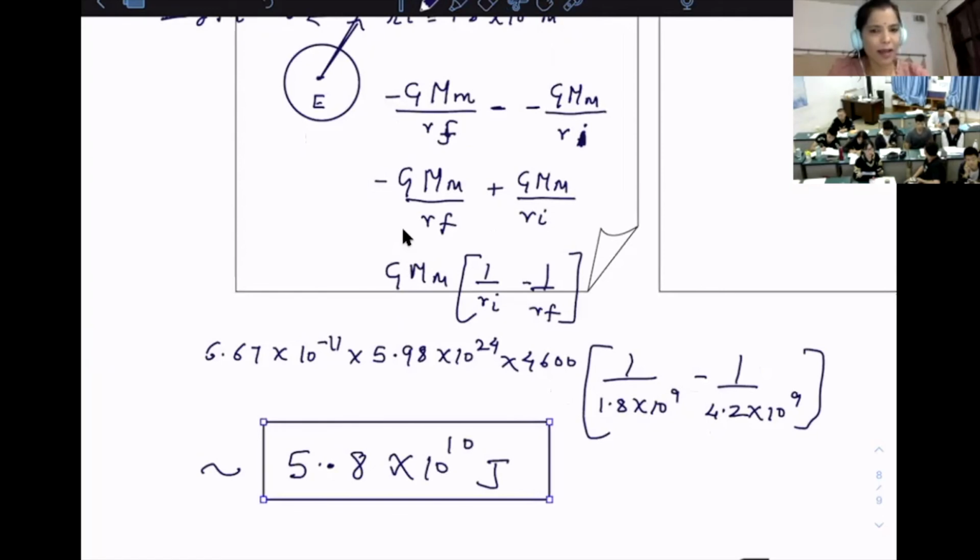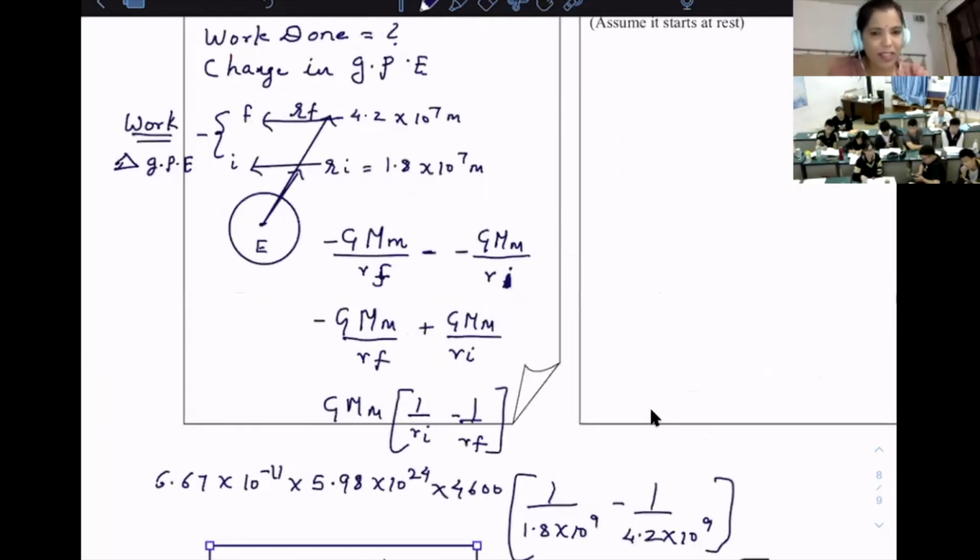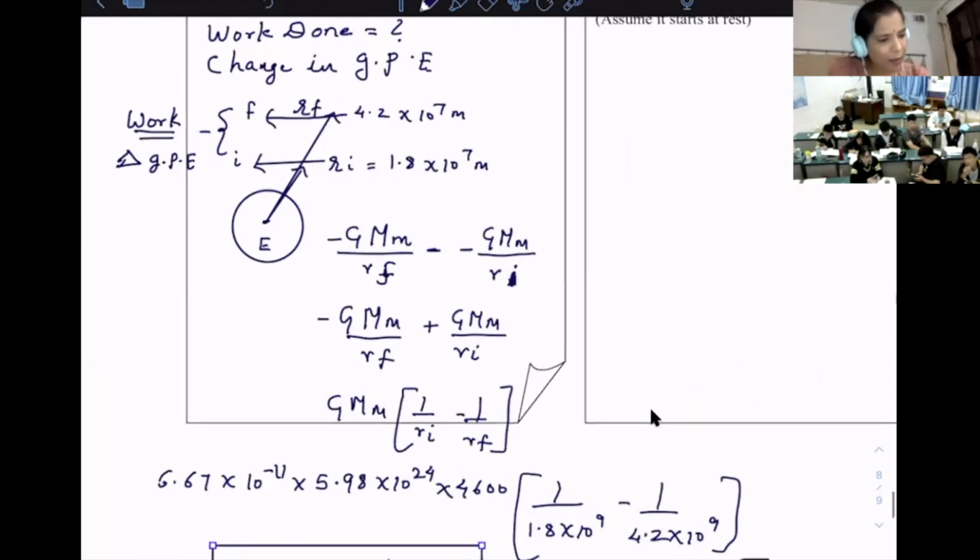So here are all the steps. Please specifically take into consideration the negative sign, because this is the final gravitational potential energy. This minus sign is there because of the change, the delta.